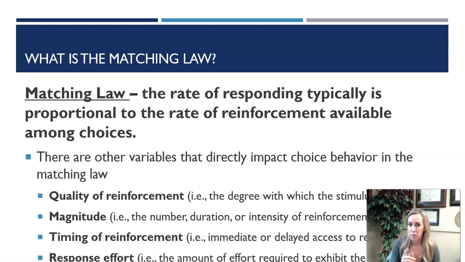The timing of the reinforcer, whether it's immediate or delayed access: you might get a break now or you can get a break in 2 hours. And then there's response effort, and this is a biggie. How much work are you asking the student to do to engage in that behavior? How difficult is it? How does that balance out with the quality, magnitude, and timing of that reinforcer?